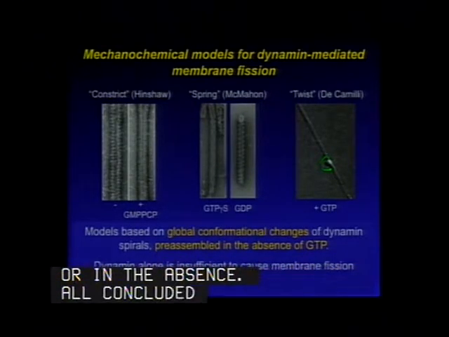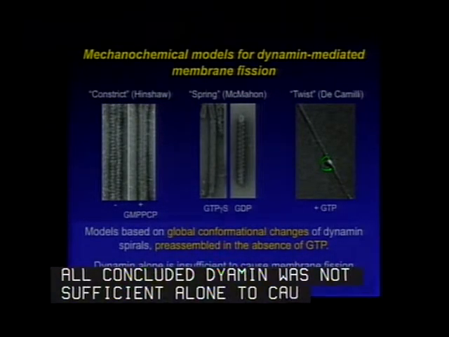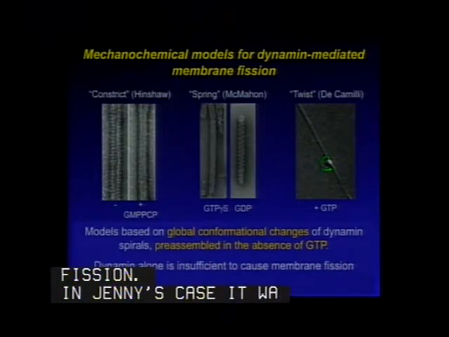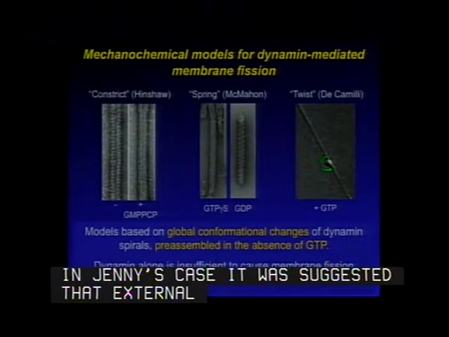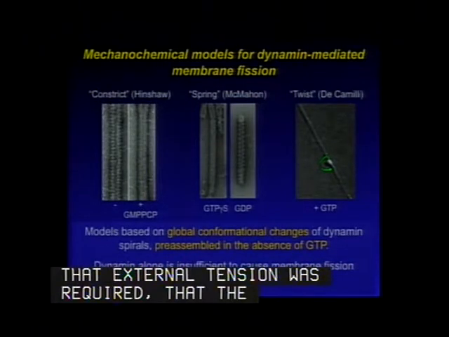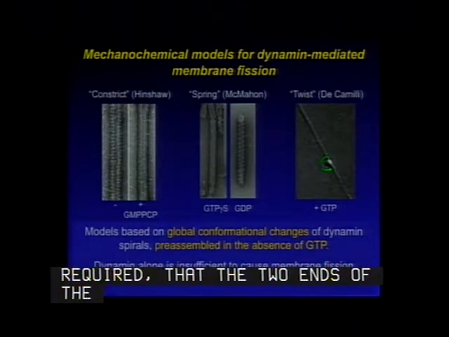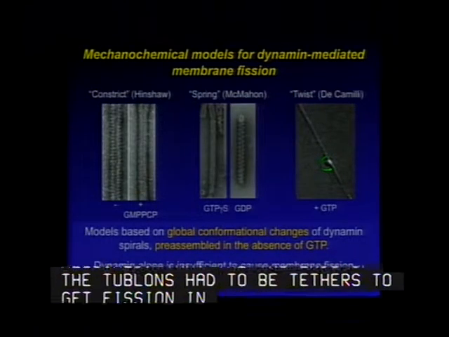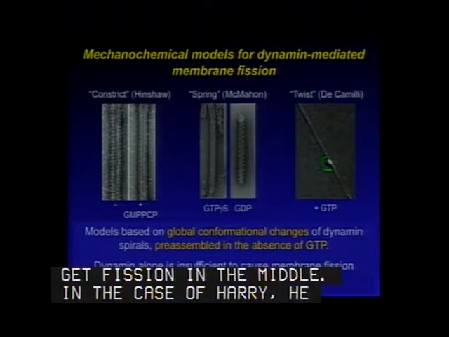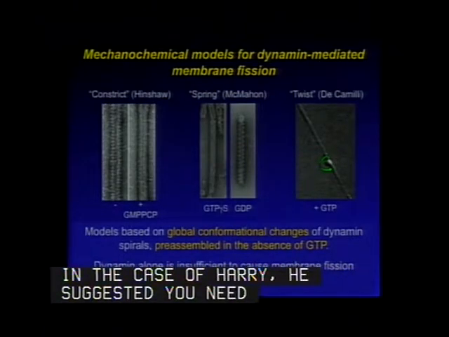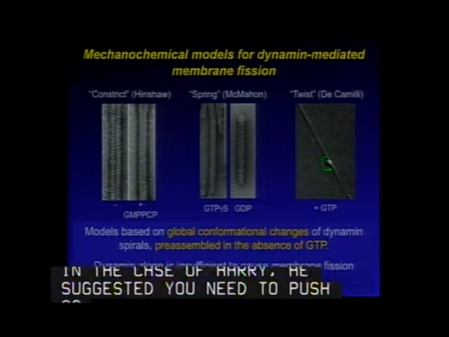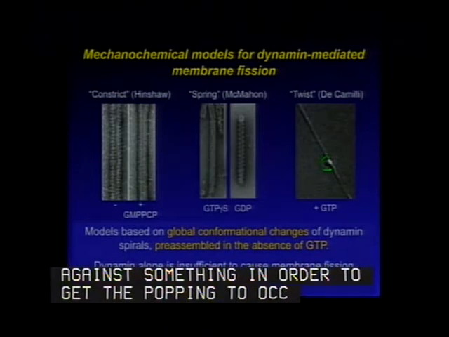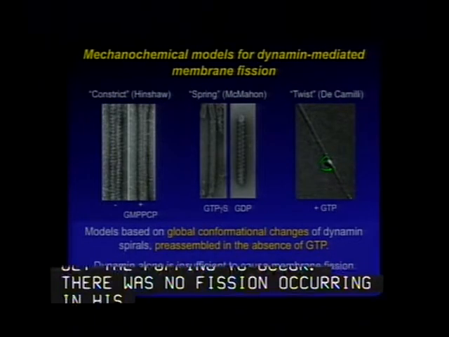So in Jenny's case and in Pietro's case, they suggested that external tension was required, that the two ends of the tubules had to be tethered onto something to get fission in the middle. And in the case of Harvey's model, he suggested that you needed to push against something like coat proteins in order to get the popping to occur. There was no fission occurring in his isolated tubules.